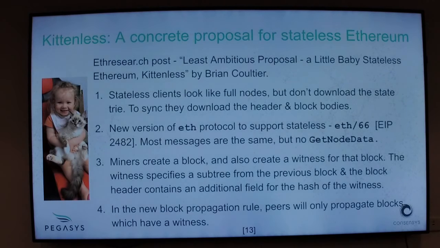Although he's calling this a baby, a less ambitious proposal, a little baby stateless Ethereum, it kind of has got all the things that we've been looking at, so it has got all of those problems that we're working towards.